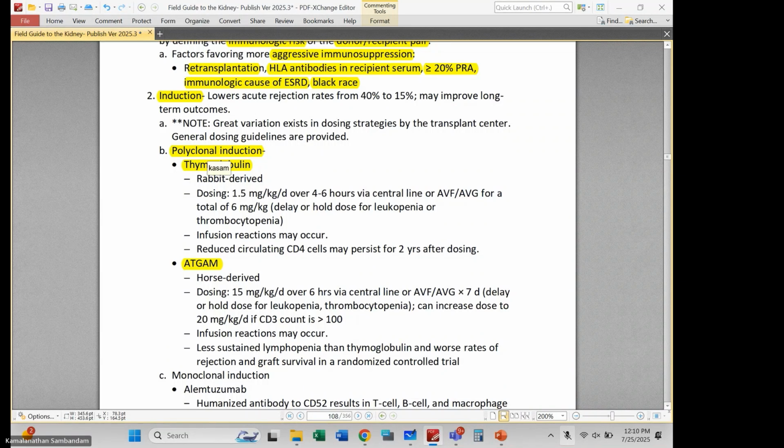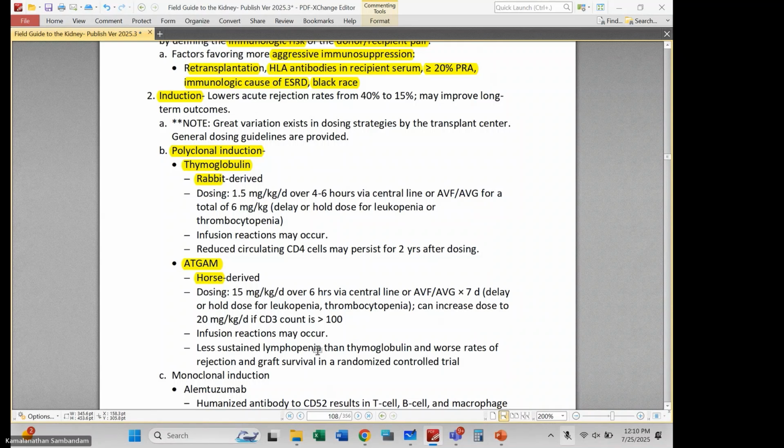They are created by taking a human thymus, putting it in a blender, sucking it up into a syringe, injecting it into either a rabbit for thymo or a horse for ATGAM, and then that organism produces antibody to that human origin antigen pool or soup, let's call it.